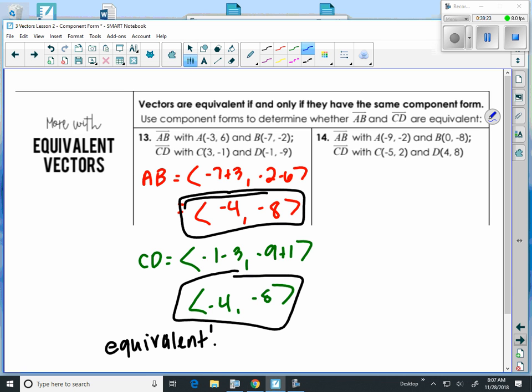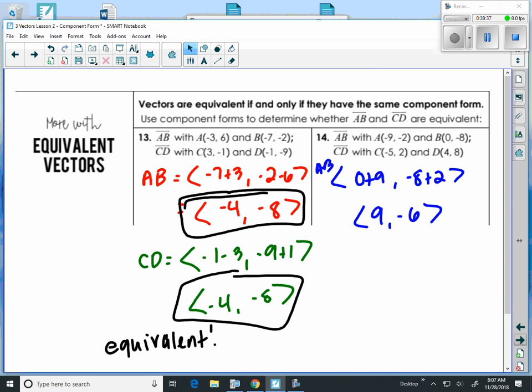Okay, last one. Same thing, go ahead and do your component form of AB. And then CD.